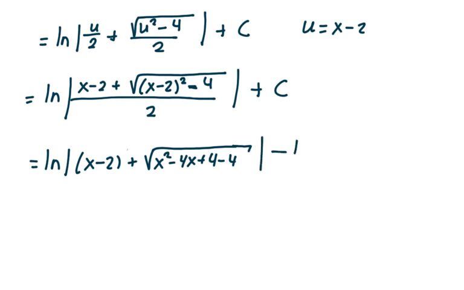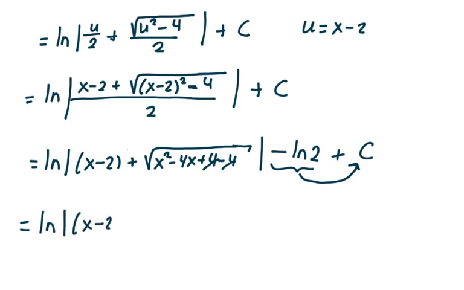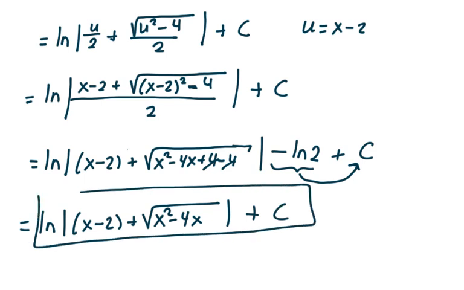Then I'm going to go minus natural log of 2, that's properties of logs, plus c. The 4's cancel. And this minus natural log of 2 can get absorbed into the constant. And so when we write a final answer, we're going to get natural log of the absolute value of x minus 2 plus the square root of x squared minus 4x, okay, plus c. And that's how we do trigonometric substitution.